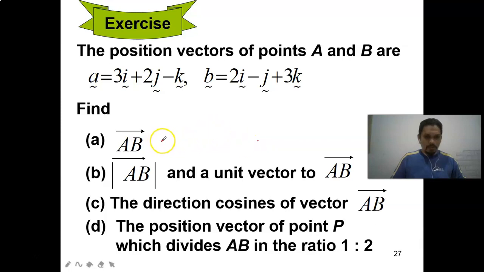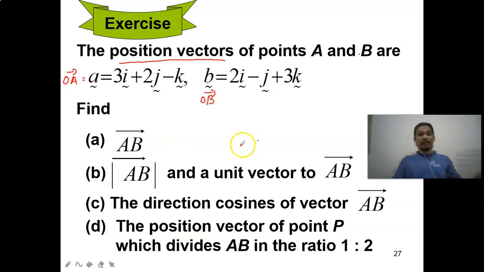Recall the vector AB. We mentioned the position vectors of points A and B, so this is the vector OA, and this is the vector OB.